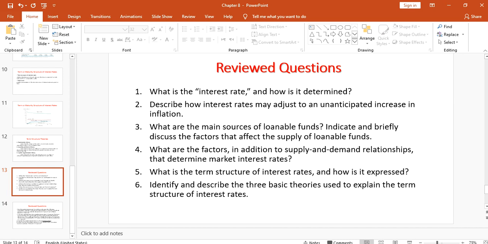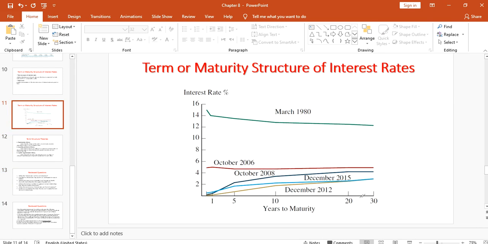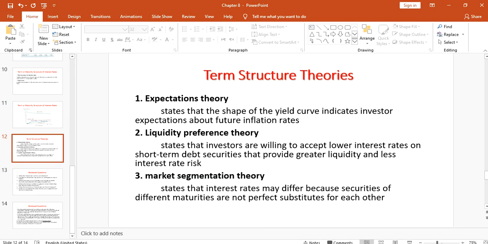What's the term structure of interest rate and how is it expressed? Identify and describe the 3 basic theories. They are here.